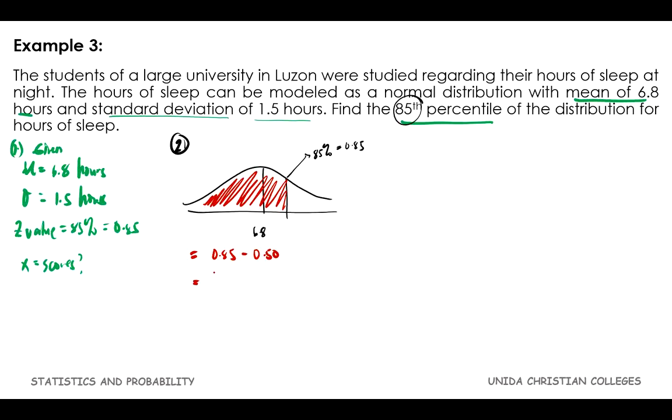Same lang din naman yun. Kasi alam natin na from here to here, 50% yan or 0.50. So, kunin natin tong part na to. If we perform the operation, we will get 0.35.